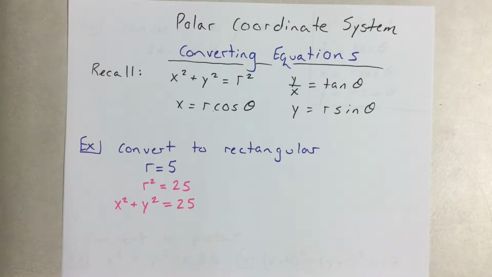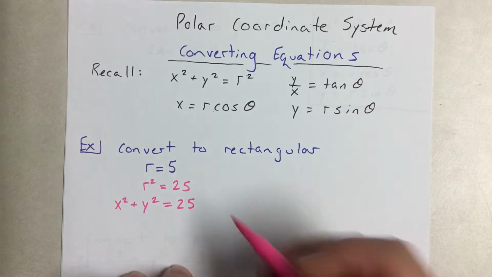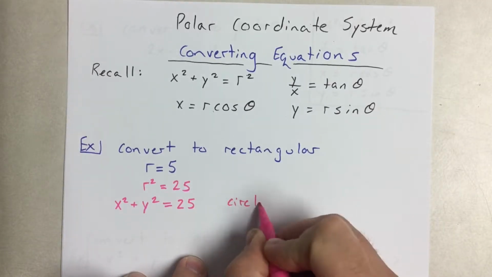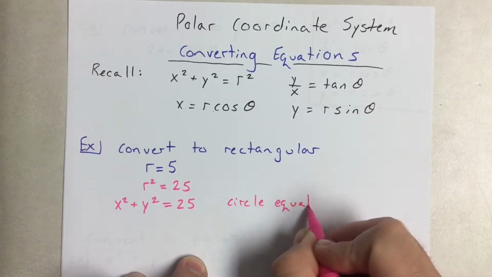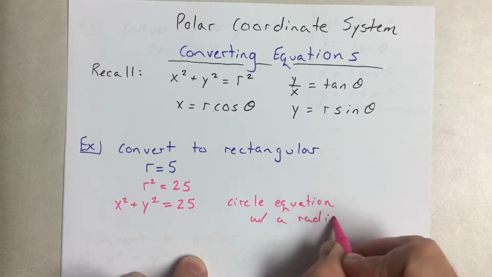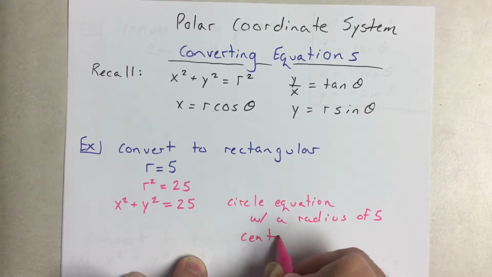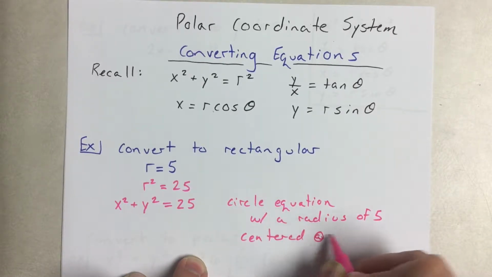And yes, you might be wondering, do I have to solve and say y equals? Not always, and this is a case where you don't need to, because this is the equation of a circle with a radius of 5 centered at 0, 0.